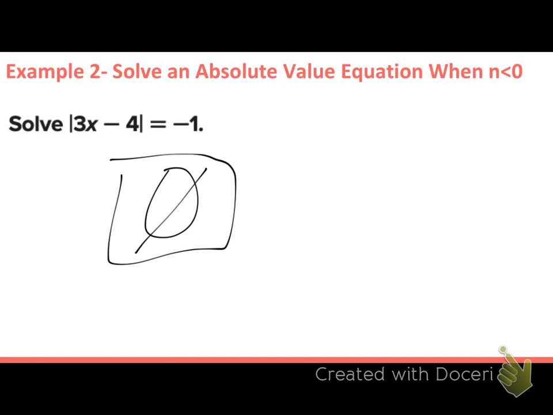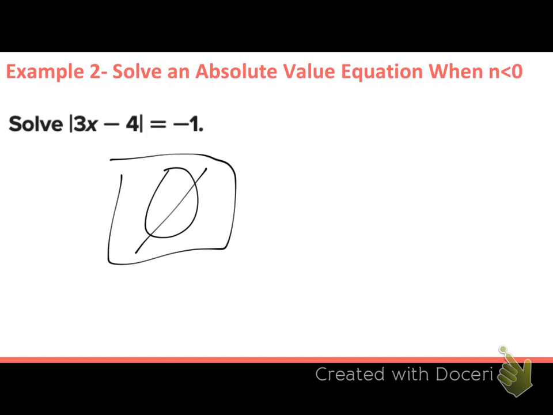Also, just be careful. Before you do anything, you do have to make sure the absolute value is completely by itself. Is my absolute value isolated by itself? Yeah, there's nothing going on outside of it. Nothing added to it, subtracted from it, or multiplied by it.